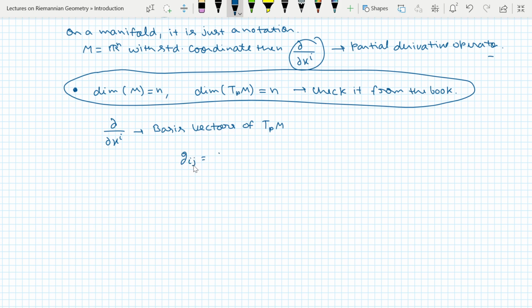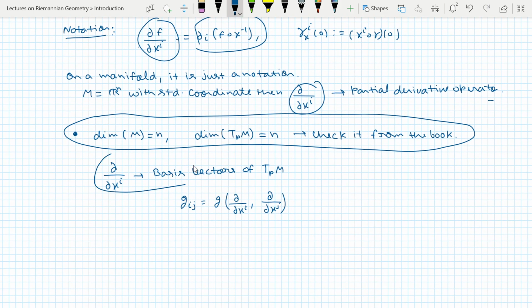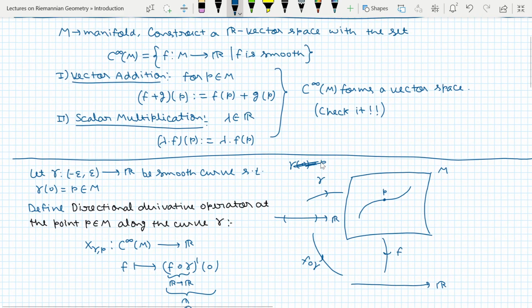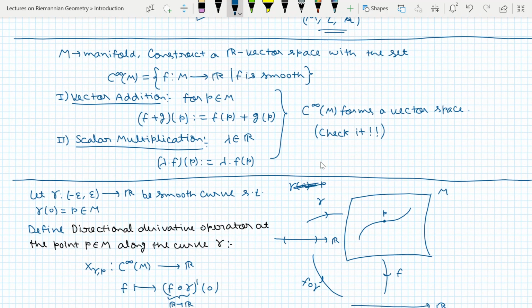And you remember we used that in the first video of Riemannian manifolds. In the Riemannian metric, your gij's were nothing but g of del over del xi and del over del xj. So that's what these things are.